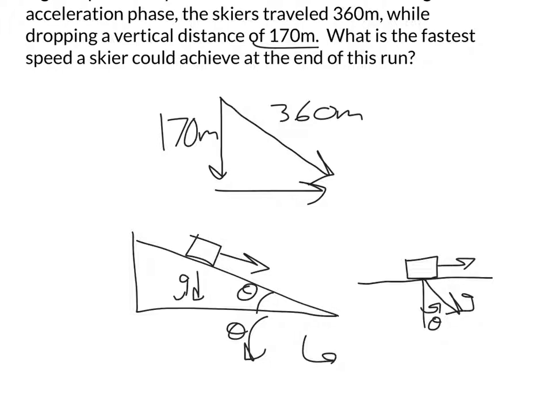Your g has a downward component and a horizontal component, and that horizontal component is opposite of this angle. So what's accelerating you is g sine theta. So the maximum acceleration that these skiers could get is g sine theta.